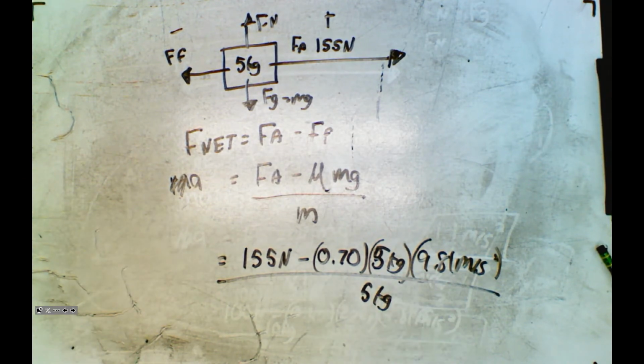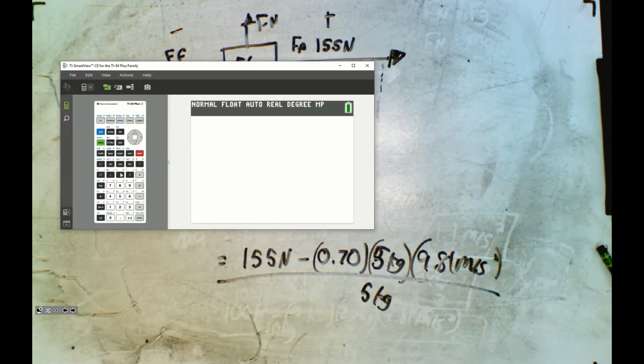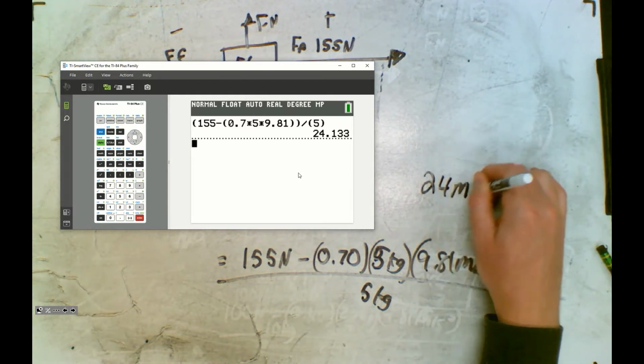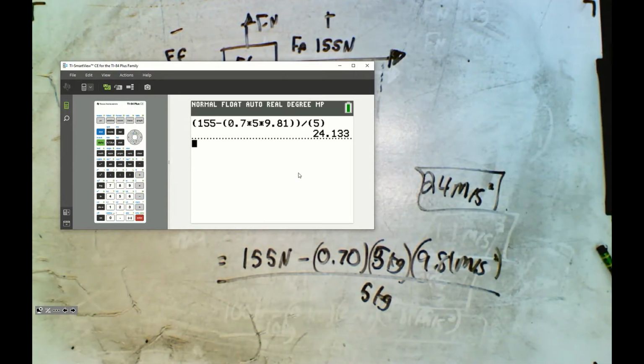So our answer is going to be 155 minus 0.7 times 5 times 9.81, divided by 5. And we get our acceleration to be, we have 2 sig digs. It wants to know magnitude, so just 24 meters per second squared is a good answer.